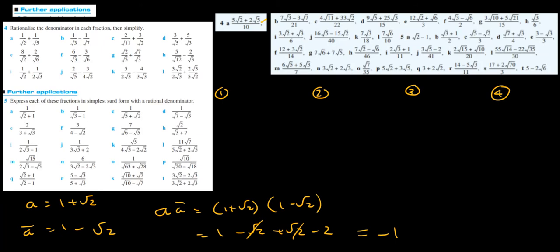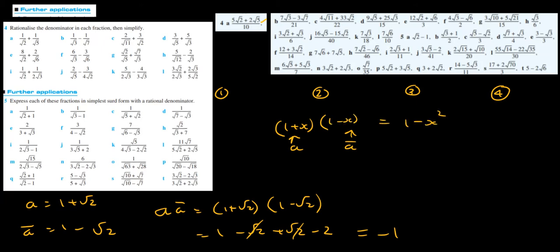If we multiply a binomial by its conjugate, we remove some terms and produce an integer. This is just for radicals. If, for example, we get 1 plus x, let's say this is a, well, a bar is going to be 1 minus x, and we know what this is.